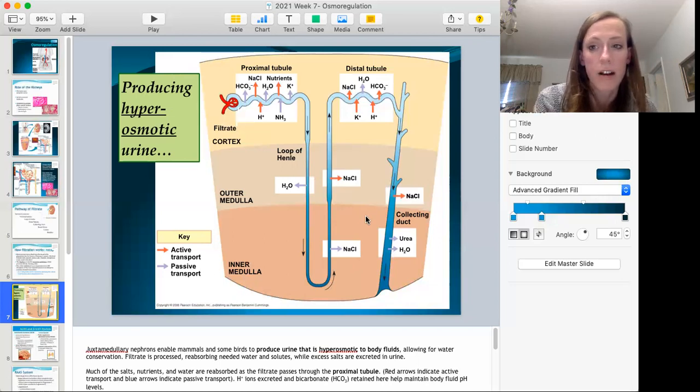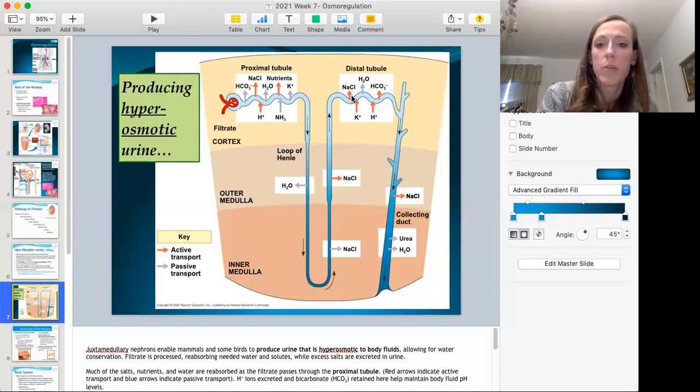Now, to even that out, just because of osmosis, we're getting movement of salts, okay? And first this is passive, but as we go further up towards the cortex, then it's going to be an active process, okay, because of the osmotic pressure.